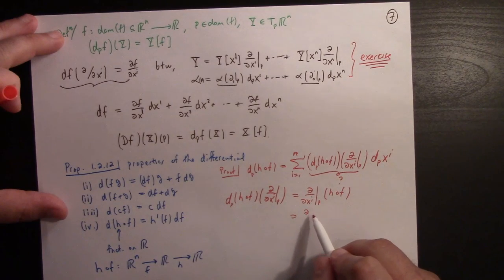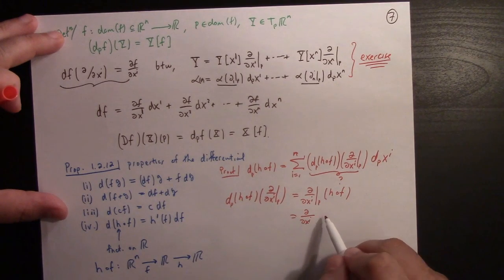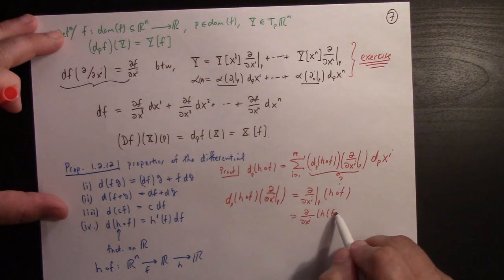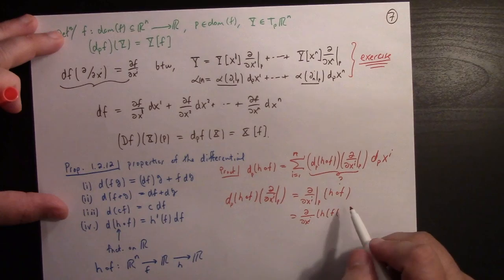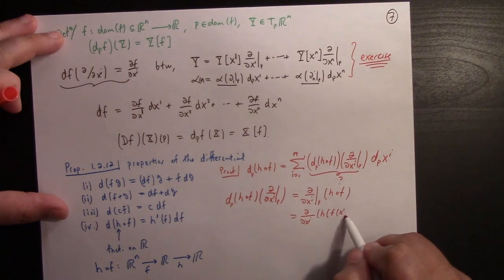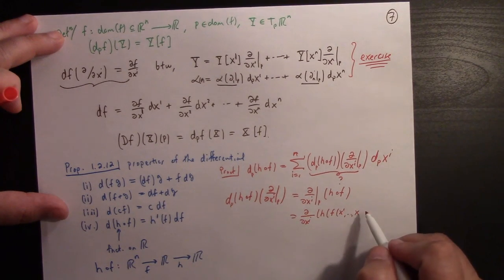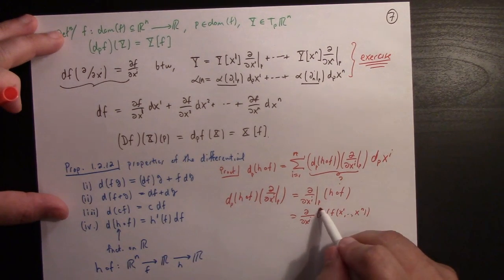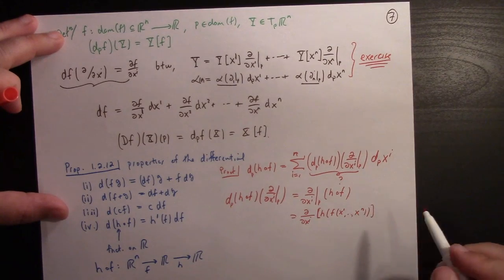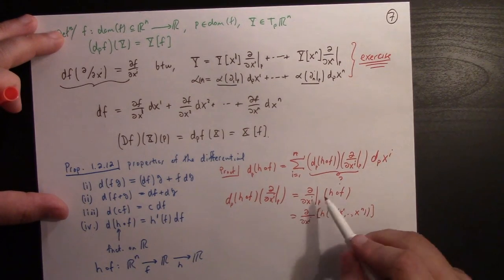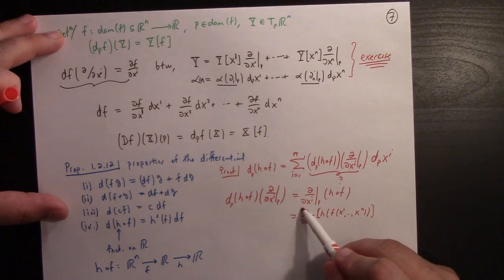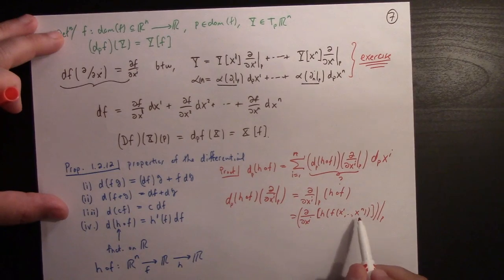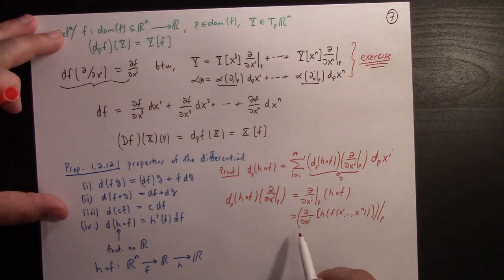That's partial xi of h of f of x1 through xn, all being evaluated at the point P. Now what I have is the derivative of a composite, so I have to do the chain rule.